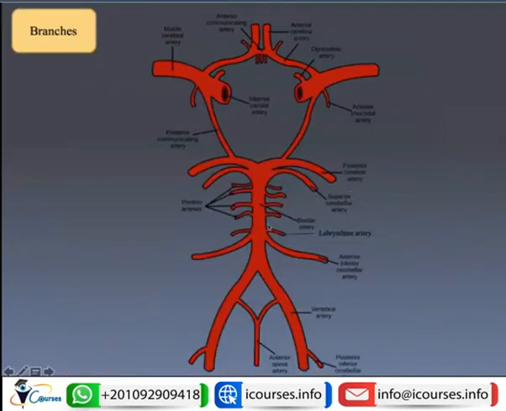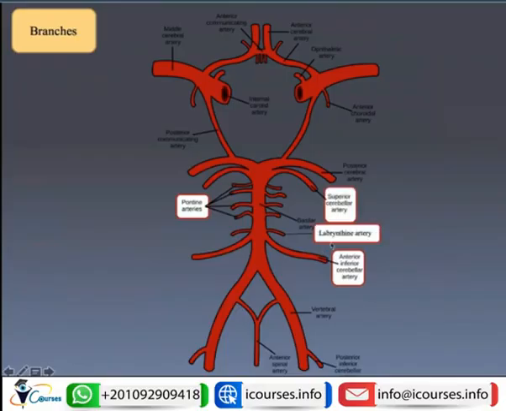The branches of the basilar artery are the pontine arteries, anterior inferior cerebellar artery, superior cerebellar artery, labyrinthine artery, and the posterior cerebral arteries, which are the terminal branches.